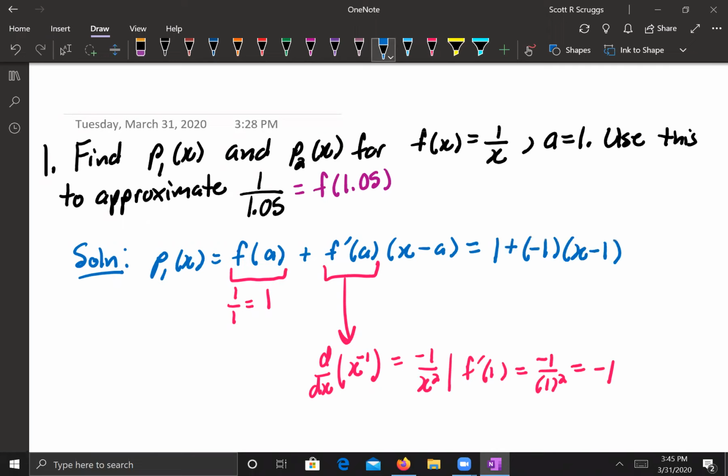And then if I want to simplify, I could distribute the negative 1 to the x and the 1 and combine like terms. And I'll get 2 minus x in my simplified form. So there's my first order Taylor polynomial.